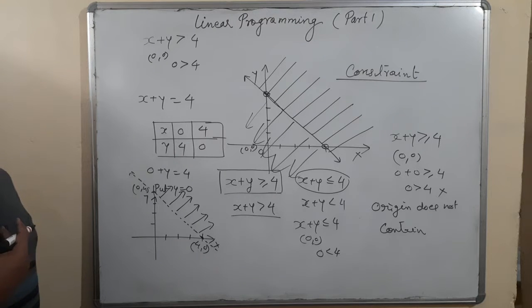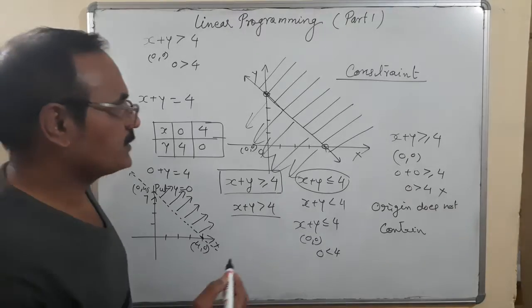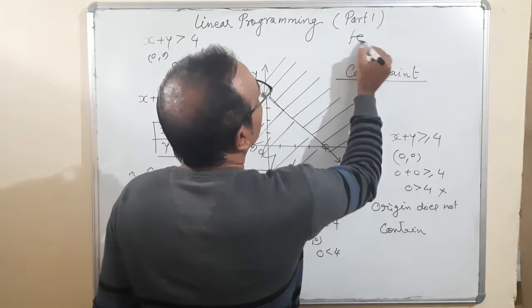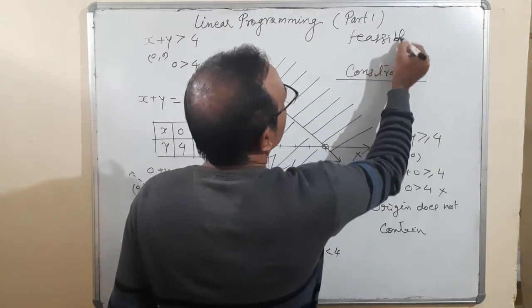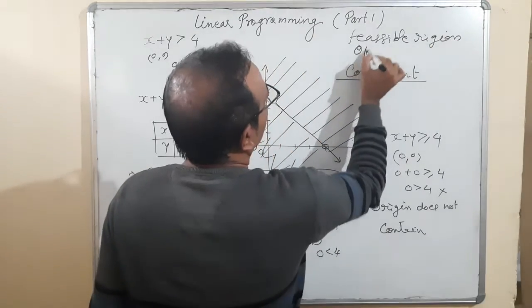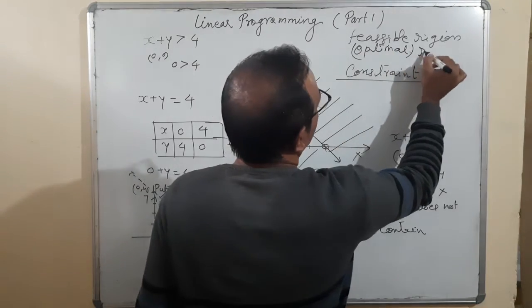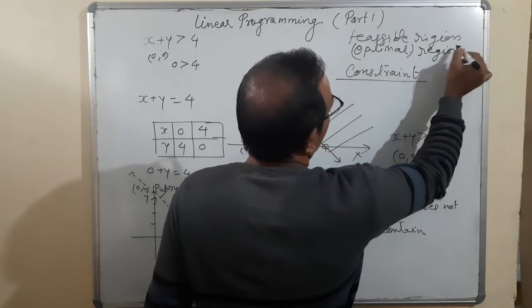So linear programming is considered as linear inequalities or a pair of constraints. Some new terms are coming here. One is the feasible region, or optimal region, same thing.